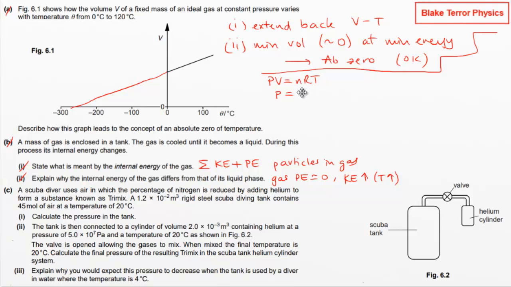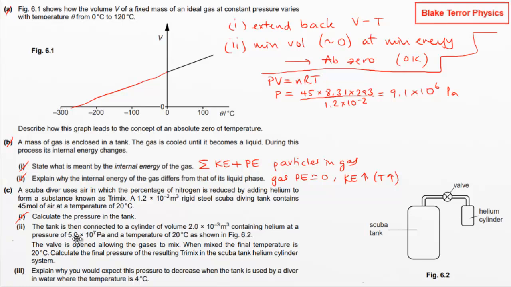The pressure will be equal to the number of moles, which is 45, multiplied by our gas constant, which is 8.31, multiplied by the temperature, which is 273 plus 20, so 293, and then divide by the volume, which is 1.2 times 10 to the minus 2. So off to the calculator we go with all of those numbers, and that is coming out with 9.1306, so 9.1 times 10 to the 6 pascals.